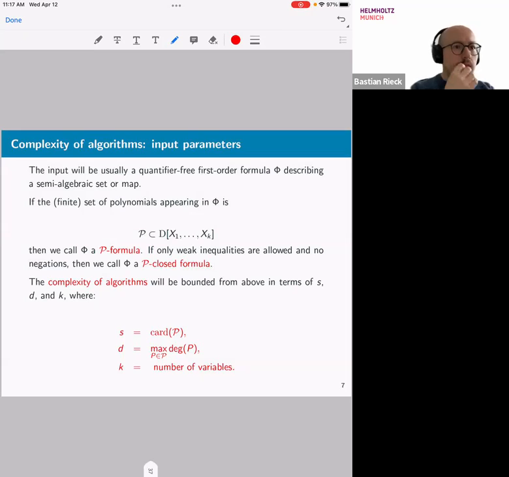Then it depends on some algebraic quantities: D, the maximum degree amongst the polynomials that appear, and K, the number of variables. So the complexity would be a function of S, D, and K.